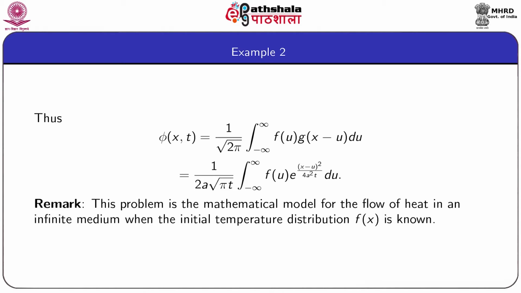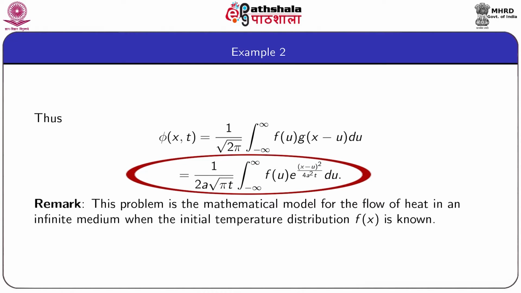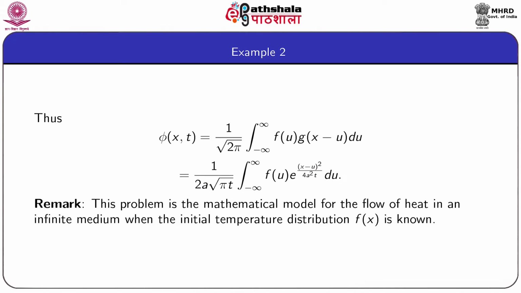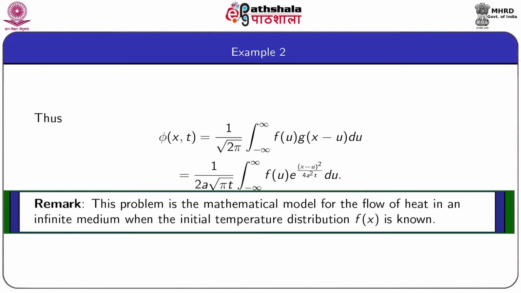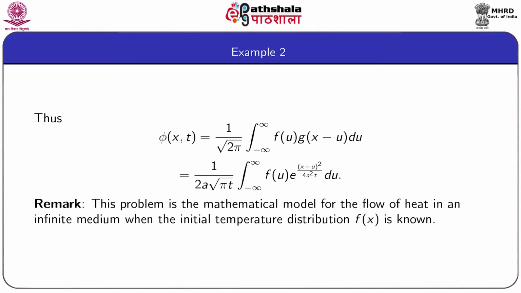Substituting the value of g(x), we get small φ(x,t) equal to 1 by 2a root over πt integral from minus infinity to plus infinity f(u) into e^(-(x-u)²/4a²t) du. Now, this problem physically means that it is a mathematical model for the flow of heat in an infinite medium when the initial temperature distribution f(x) is known.